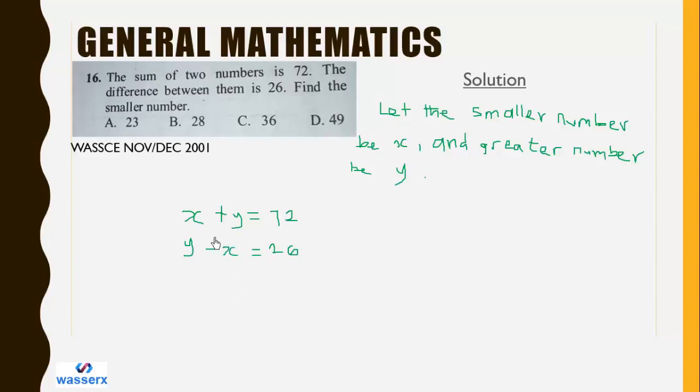So we now solve equation 1 and equation 2. So let's call this equation 1 and 2. So equation 1 minus equation 2 implies that 2x is equal to 72 minus 26, and that will give us 46. Therefore x is equal to 23.